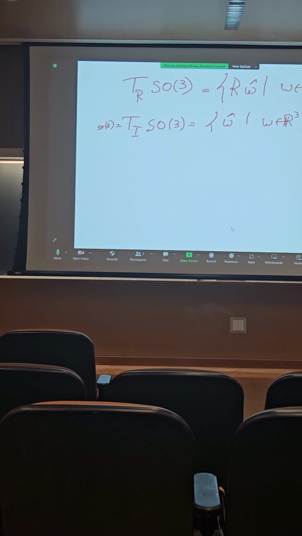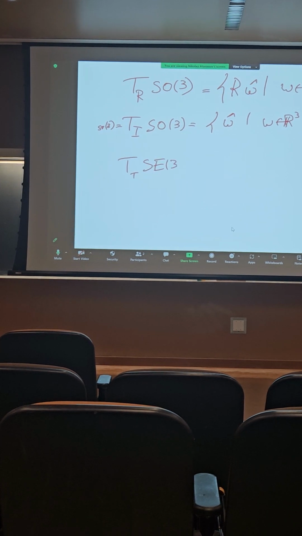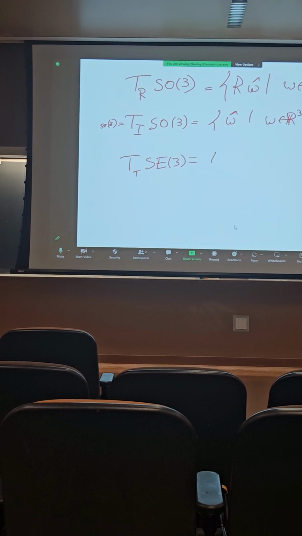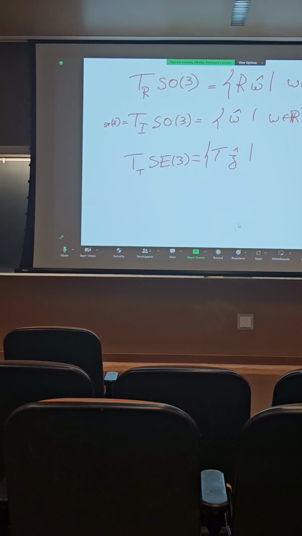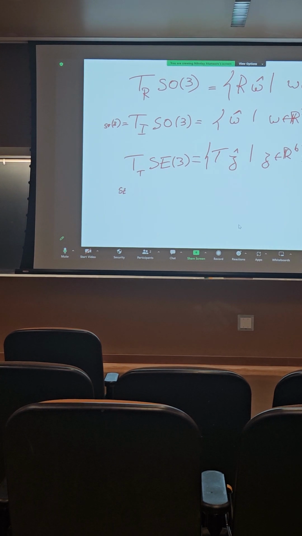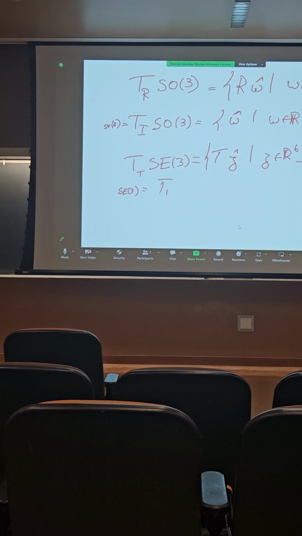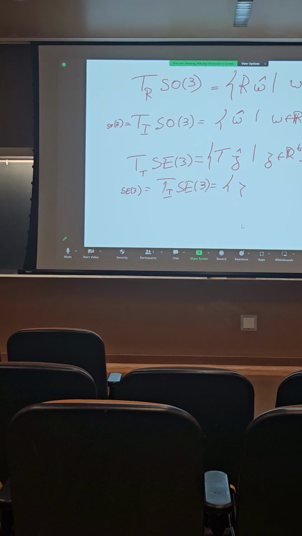So it always looks like this, even if we had poses, right? The tangent space around the pose T of, let's say, SE3 looks like T times, say, a hat, for example. Say a is in R6 here, and little se3, which is the tangent space around the identity of SE3, is just ξ hat.